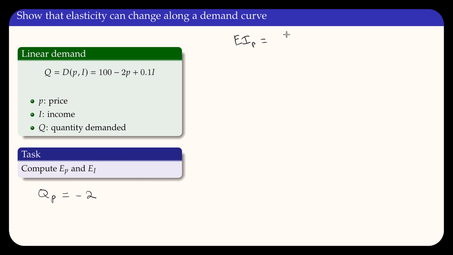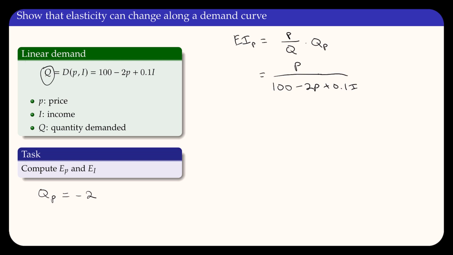Now I can construct my elasticity formula that says I should have price divided by Q, this Q over here, multiplied by the partial derivative of Q with respect to P. And if I sub in some values, I'll have P divided by 100 minus 2P plus 0.1 times income.